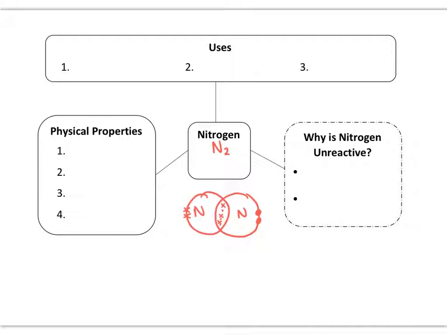You could draw that in there as well. So it's 3 uses, it's 4 properties, and explaining why it is so unreactive. Use your notes on the previous page that we were looking at there to fill that out. It should take you no time at all. So pause the video, do that now, before we then move on to hydrogen.